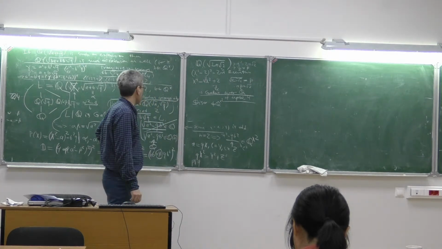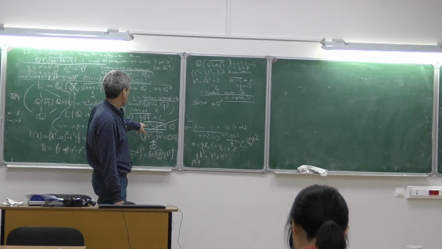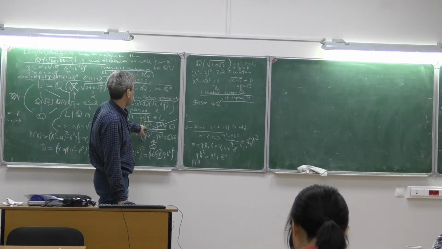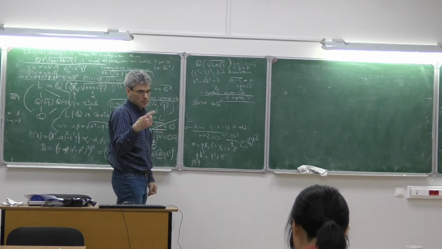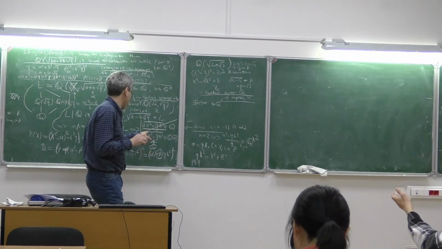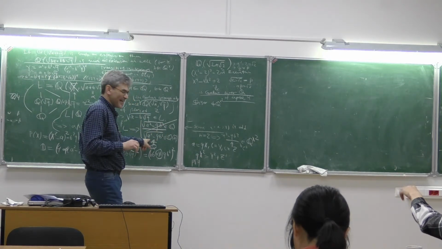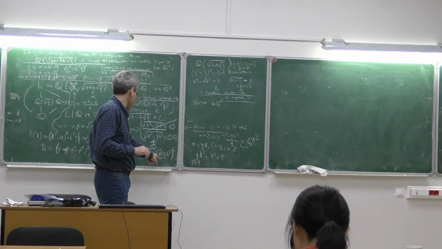By the way, is it? It is 2, yeah? Oh, well, 2 times 2. But you see that it is modulo squares.